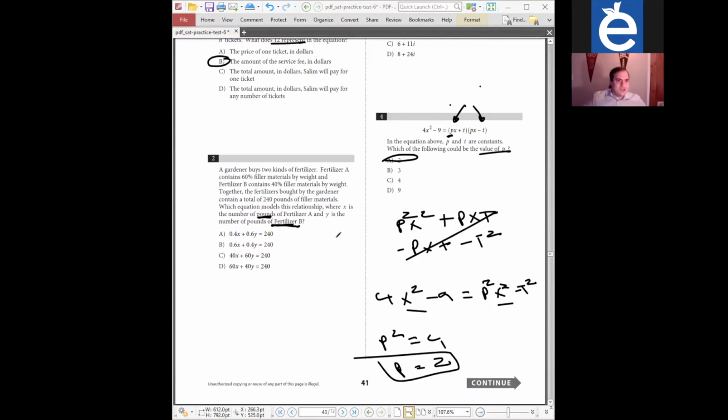All right, first thing off the bat, we know we can get rid of C and D. The reason is these amounts are percentages.